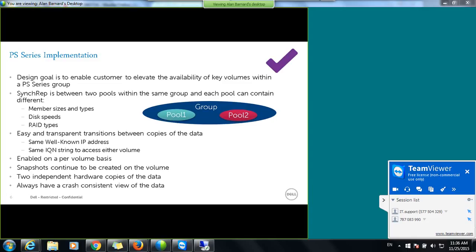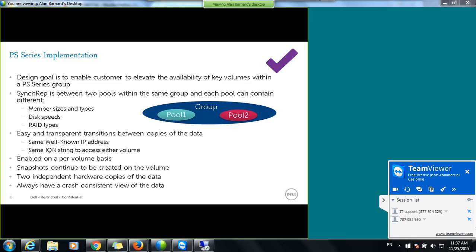Okay, and then snapshots continue to be created on that volume. What that means is, you can actually enable snapshot on that volume, and if something happens, it will hold the changes until that other volume becomes available, and then resync the changes. Okay, and then this always has a crash consistent view of the data.